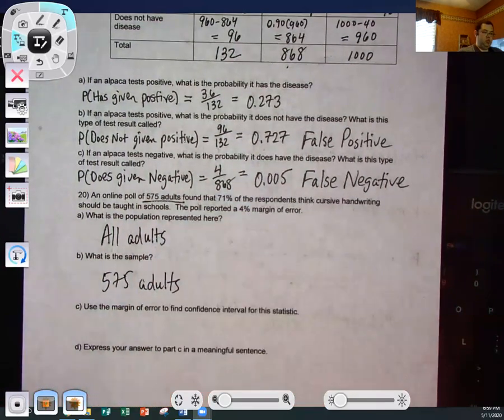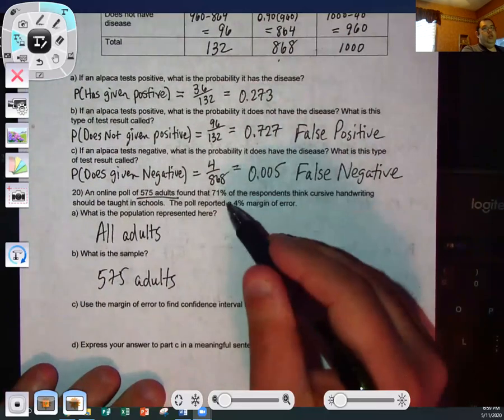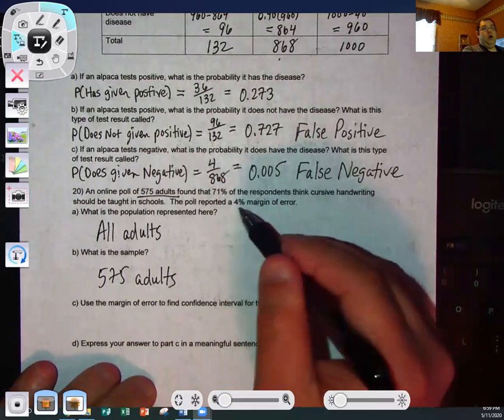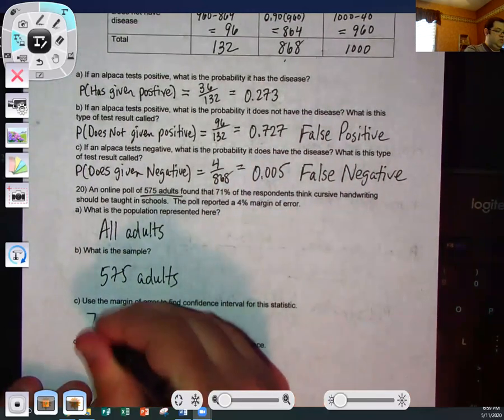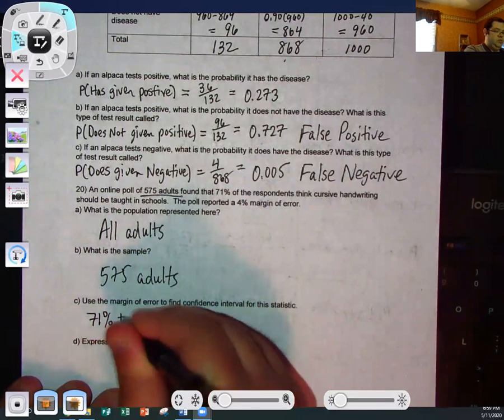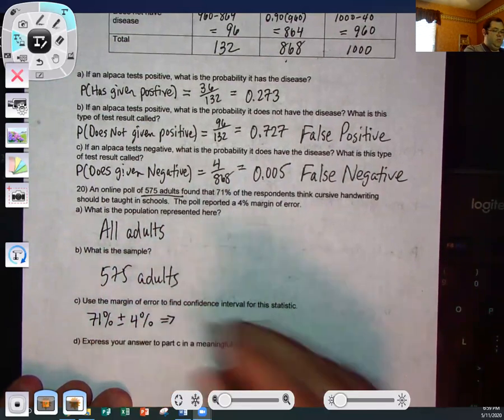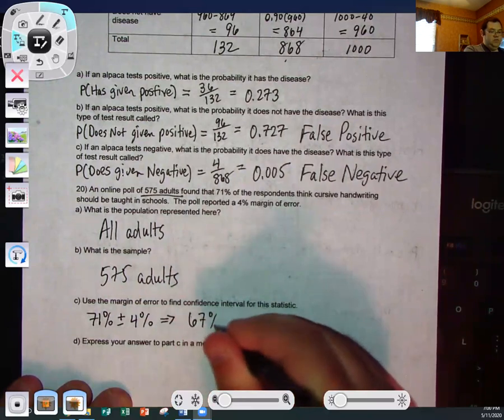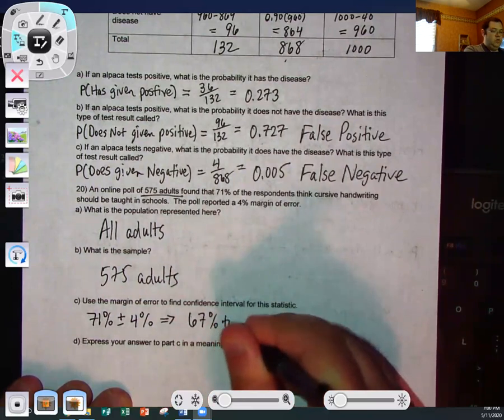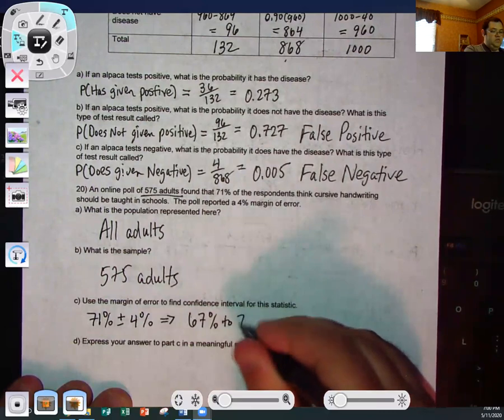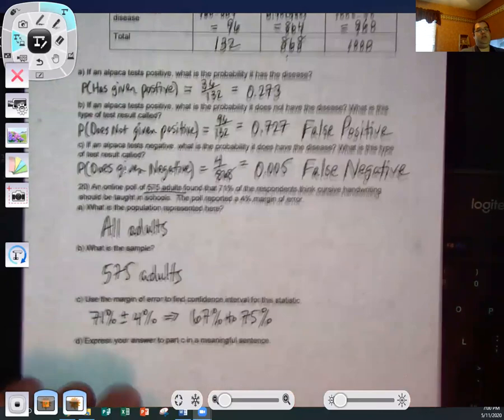So then use the margin of error to find the confidence interval for this statistic. Well, the poll showed 71% with a margin of error 4%. So we do 71% plus or minus 4. So when we do 71 minus 4, that's 67%, to 71 plus 4, which is 75%.